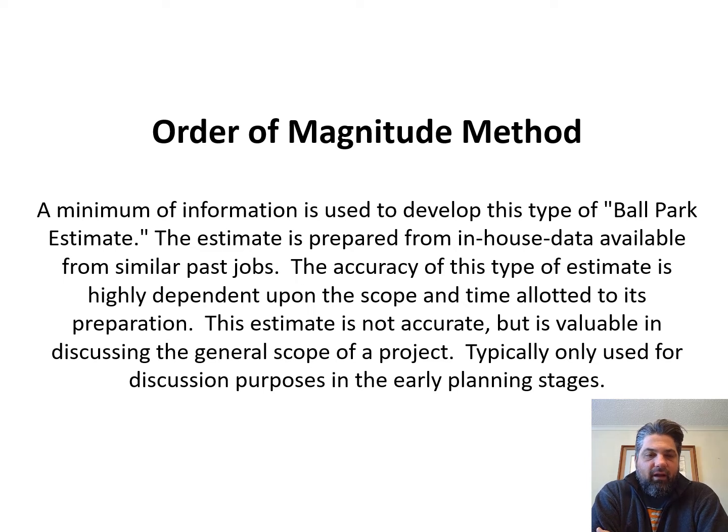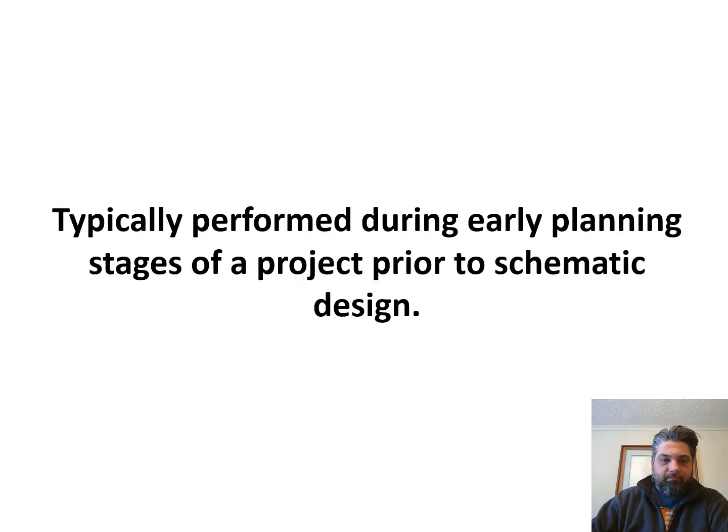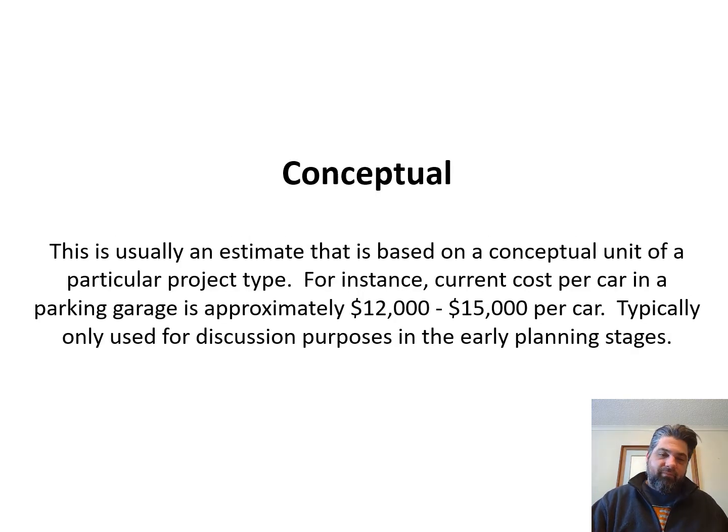It's not terribly accurate, but you've got to start somewhere. This is typically performed early in the planning stages, usually prior to schematic design, before you put pen to paper. Then there are more specific ones that relate to area, volume, and other single unit rate methods.